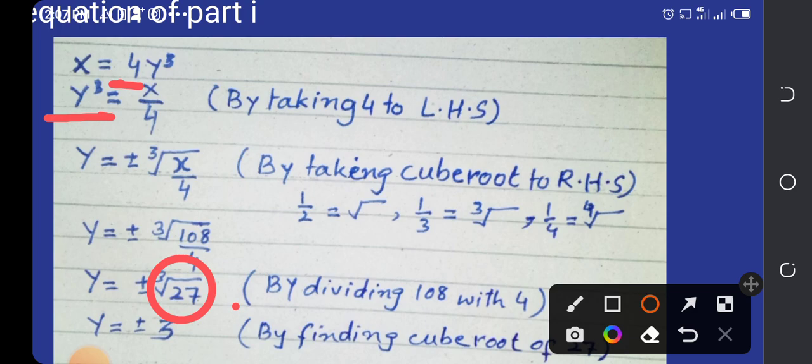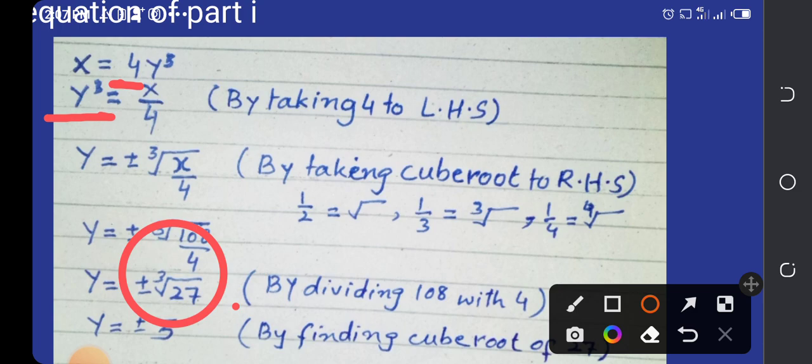Furthermore, to find the cube root of 27 on your calculator, I will show you how you can find the cube root of any number.